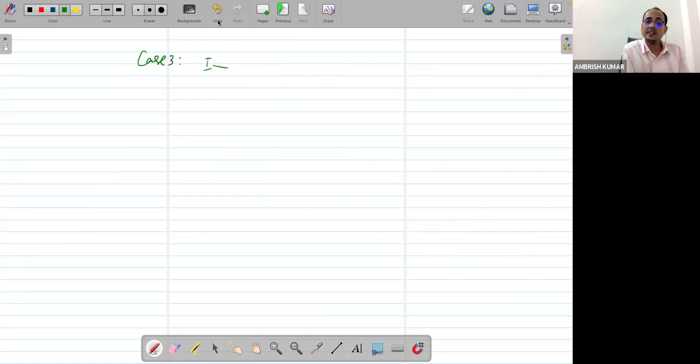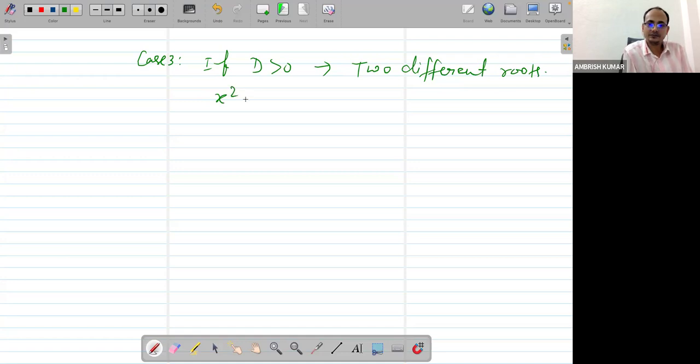If D is positive, it means you are going to have two different roots. For example, you can take x square plus 7x plus 10. We have to solve this for greater than 0. We have to solve the same for less than 0.